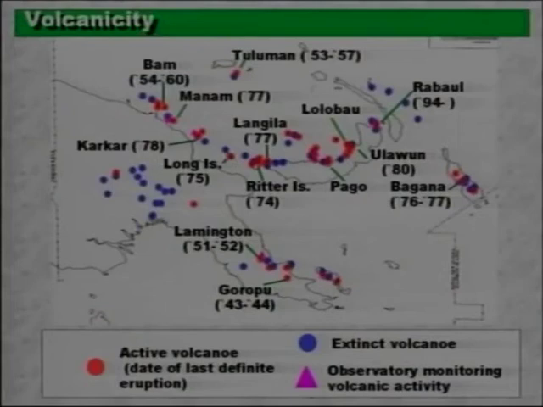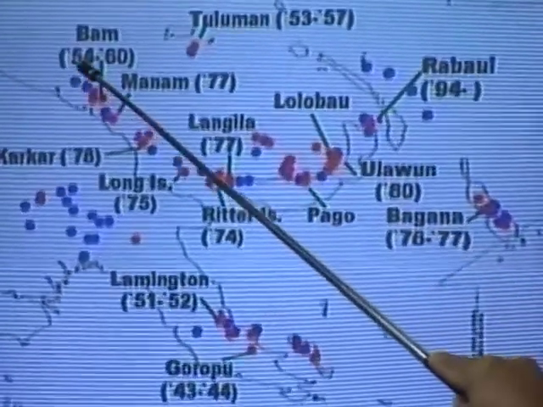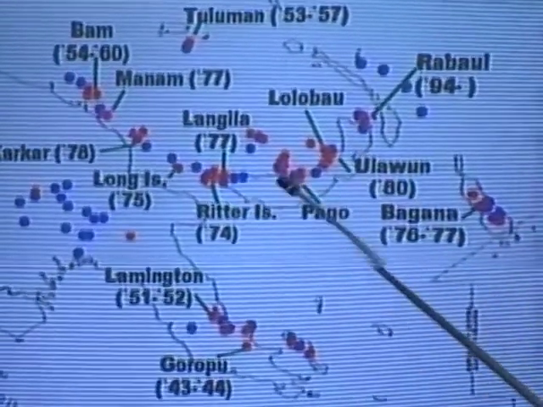So if we look at our map of Papua New Guinea, we are looking at this area here, and we are coming all the way here to this region. That is one area. And if you look at the location of the volcanoes also, you note that definitely the volcanoes follow the boundary or the plate margins that we have looked at for Papua New Guinea. So from here, Bam, all the way up to the New Britain area.